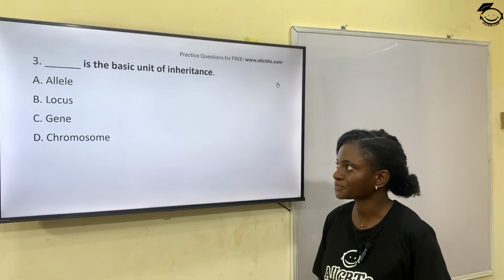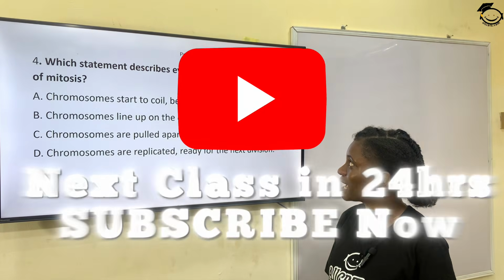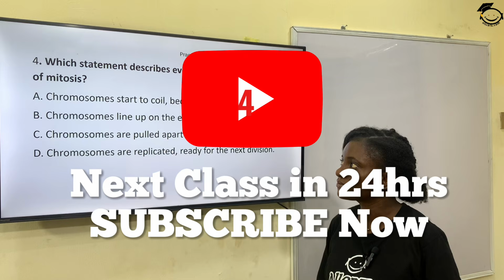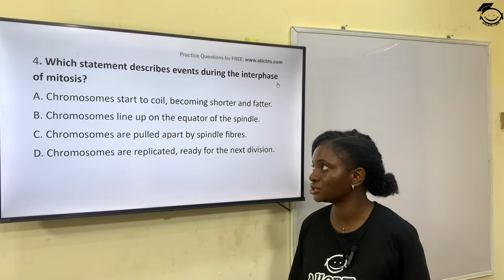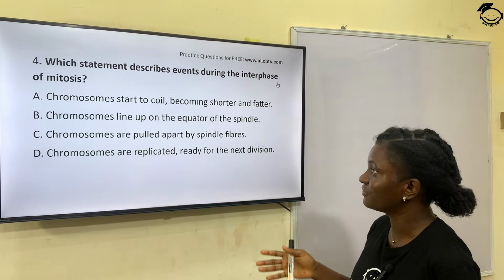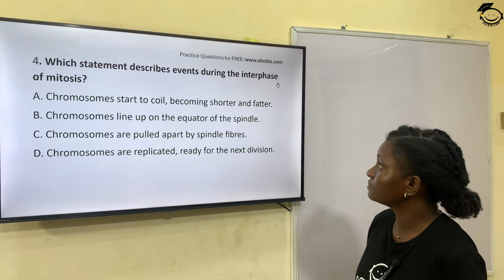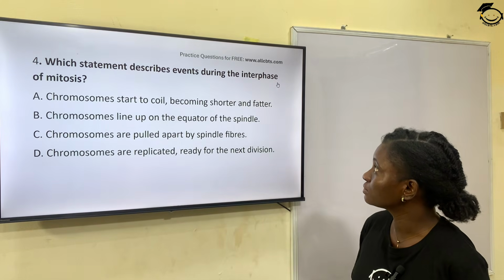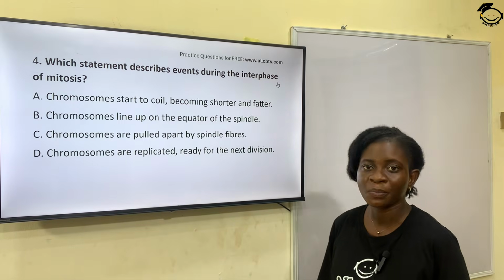Question 4. Which of the statements describe events during the interphase of mitosis? Mitosis is involved in cell division. So which of these statements listed in this option describe events during the interphase of mitosis?